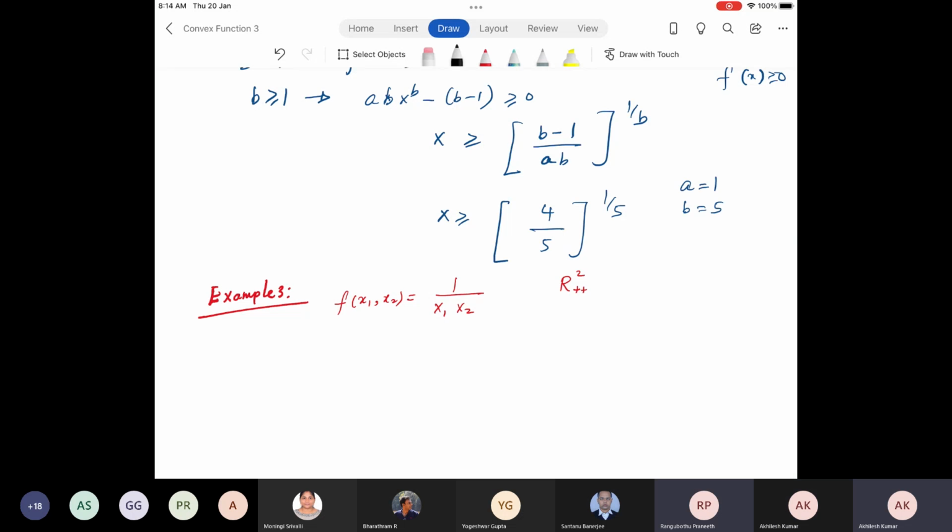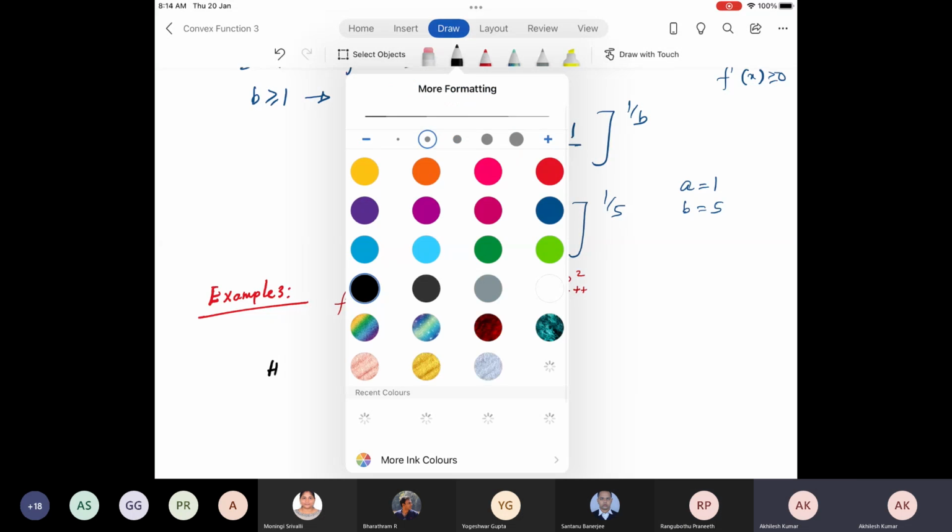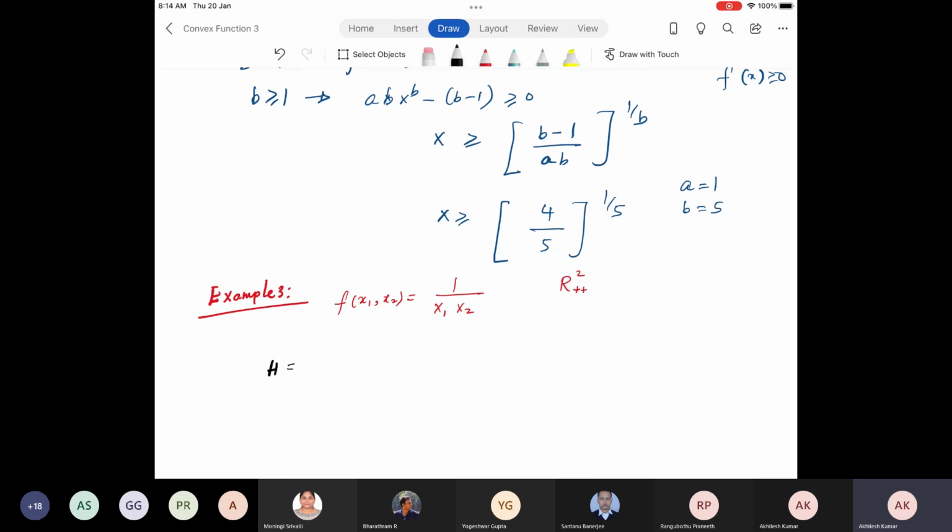1 upon x2 x1 cube. Just a second. Yes, minus 1 upon. What is the Hessian? Go ahead. 2 cube. Minus 1 by x1 square x2. I'm asking what Hessian, not determinants.